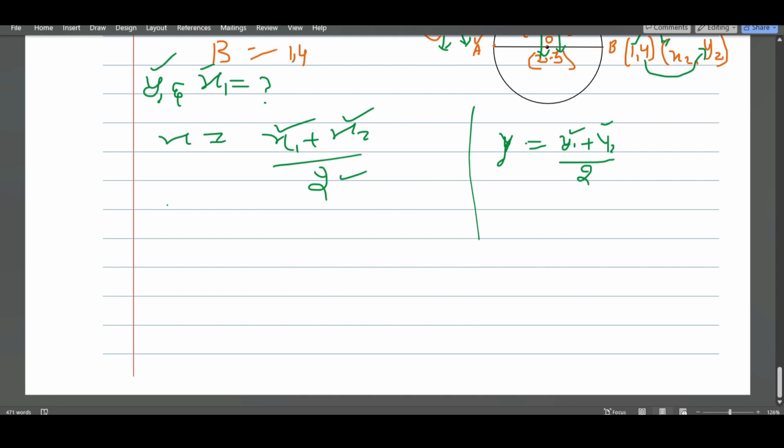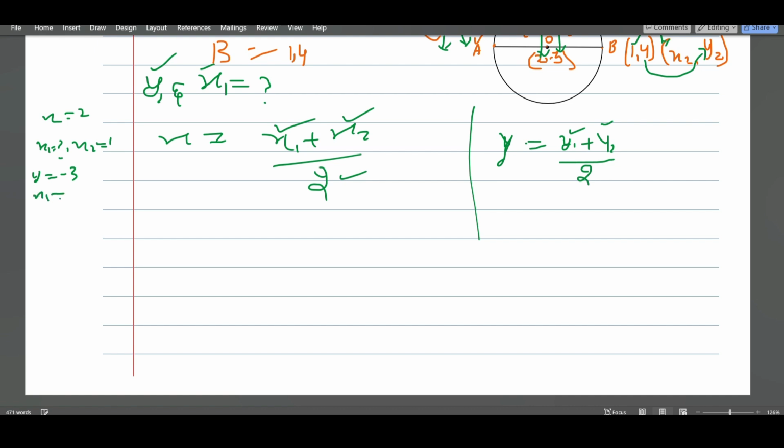As we can see, x1 is not found, and x2 is 1. But x is given, x is 2, and y is minus 3.